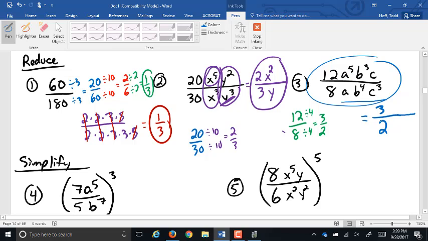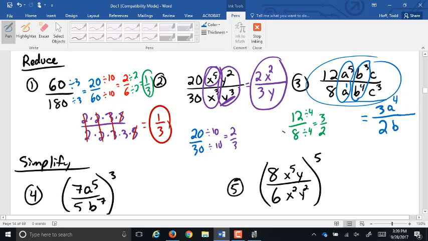What do we do with the a's? It's on top to the power of 4. Good, because a to the 5th is the bigger. Of course, that's a to the 1. 5 is bigger than 1, so it goes on top. 5 minus 1 is 4. How about b? Bottom and just b, right? The bigger power is the 4.